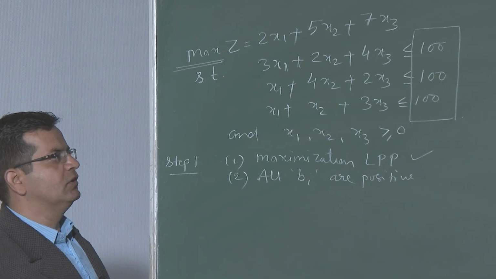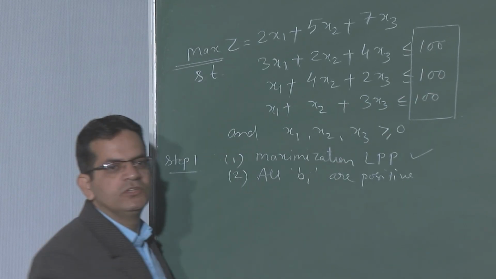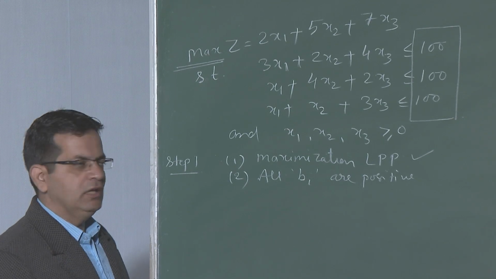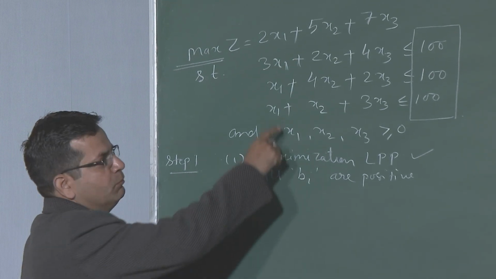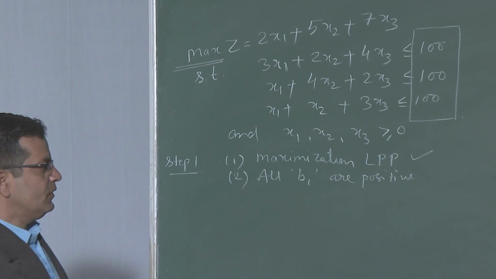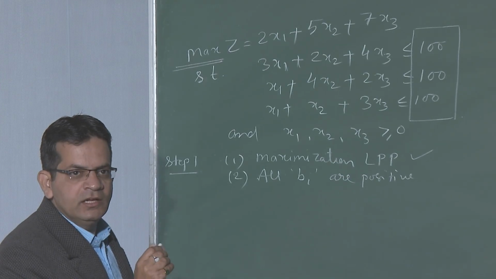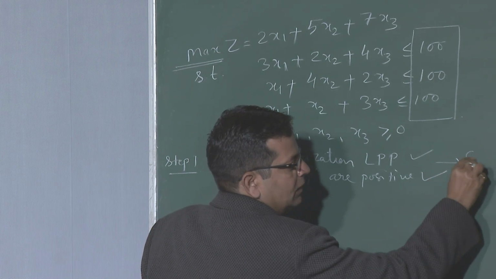And fortunately, in this question all the values on the right hand side of the constraints are positive. In case any of the values of b is negative, then we convert the b into positive by simply multiplying the whole constraint by -1. So, this is what we need to check in the first step, then only we can apply the simplex method to the LPP.